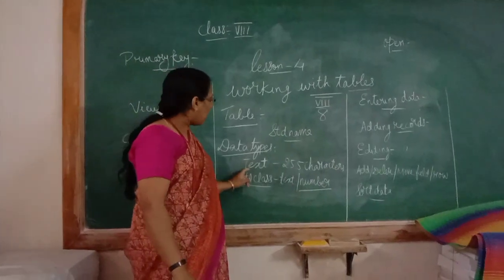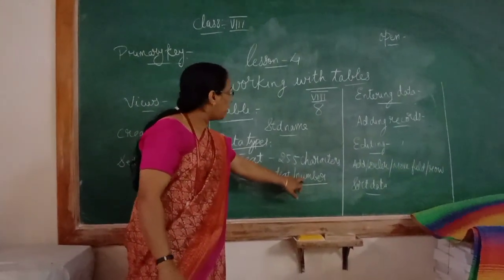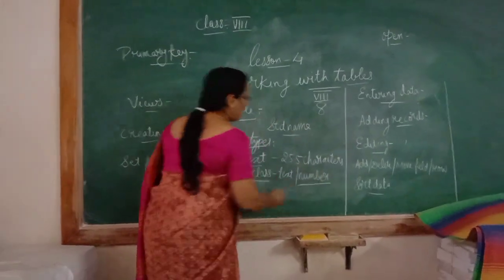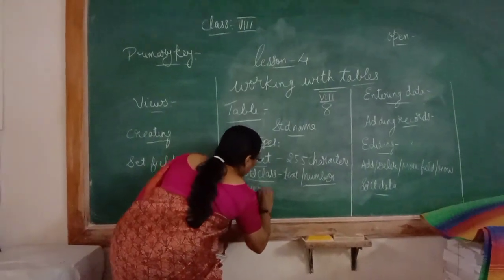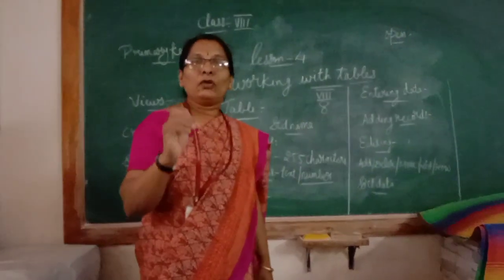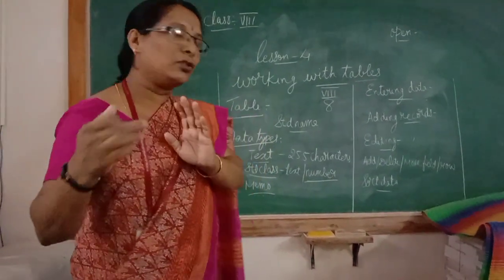Now, text we have discussed. Next one we have discussed is the number data type. Text data type is there, number data type you have. Then you have memo. What is the memo data type used for? If you are using student address, there are more characters, you need more characters.